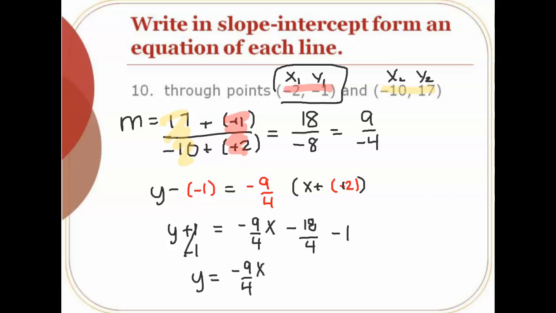So you get y equals negative 9 over 4 x. Something else I noticed, make sure you understand that x is in the numerator. And negative 18 over 4 minus 1, you can either write as negative 22/4, or it's negative 9/4 x minus 11 halves.